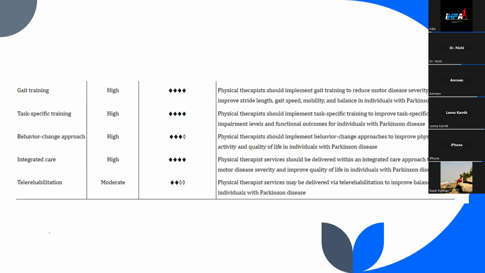After these exercises you can start with functional or task-oriented activities, where you can give them multitasking activities like: you hold the ball, walk, touch the ball, keep the ball, take the bottle. These are the different task-oriented activities which can be done.